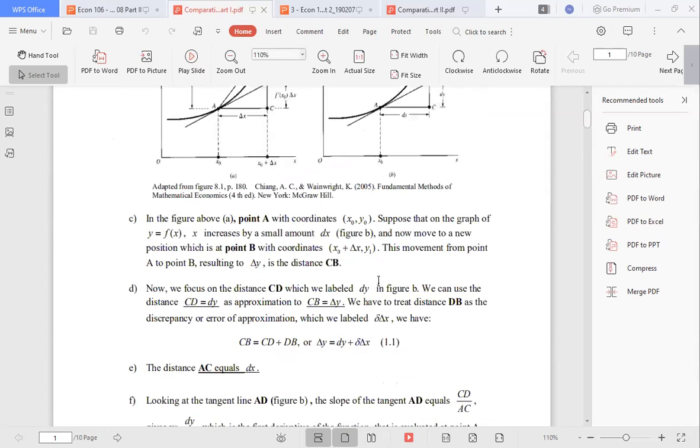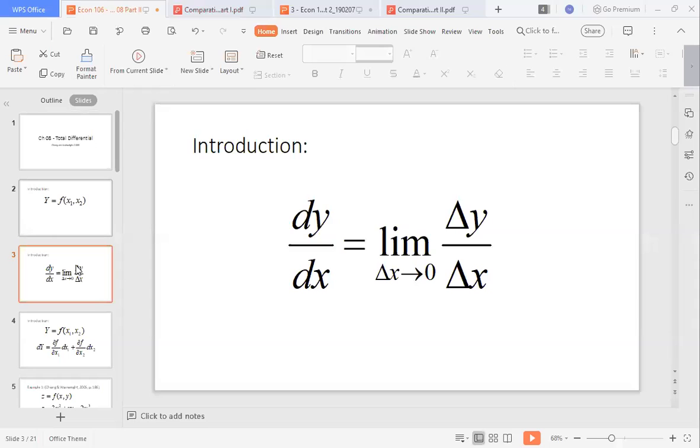You can check it again just to review the theoretical basis for differentials. Now I'll proceed to some examples, because I was told that you already had a discussion on total differential in your Math 100. So basically, much of our discussion today is more on the economic applications.